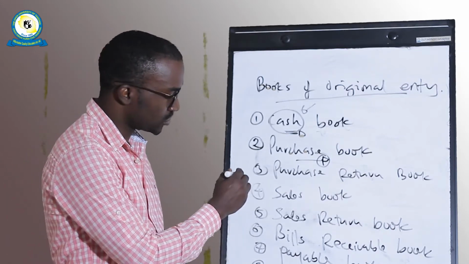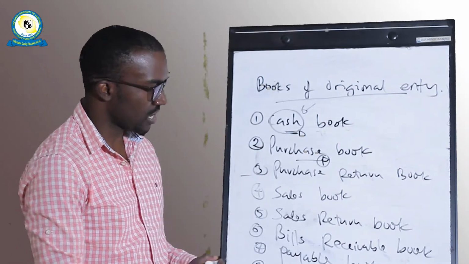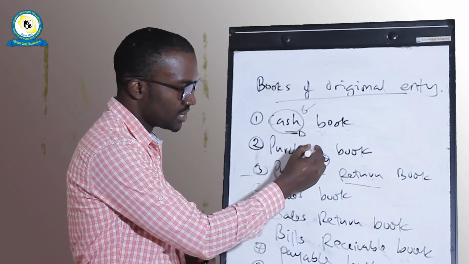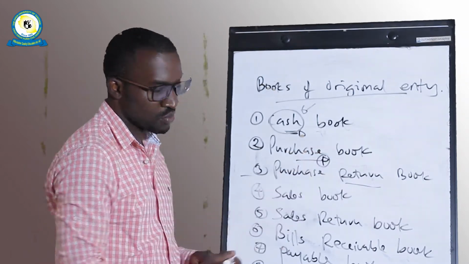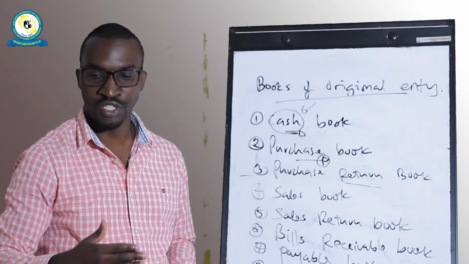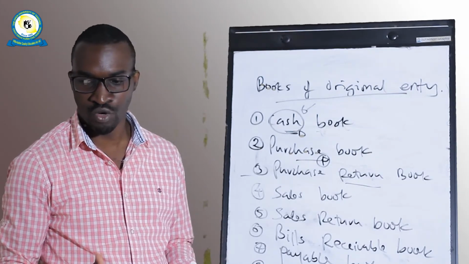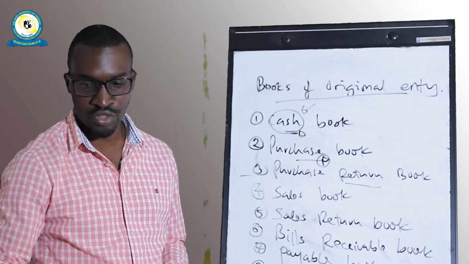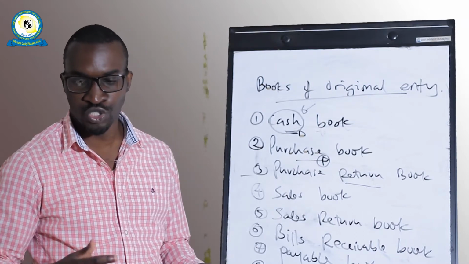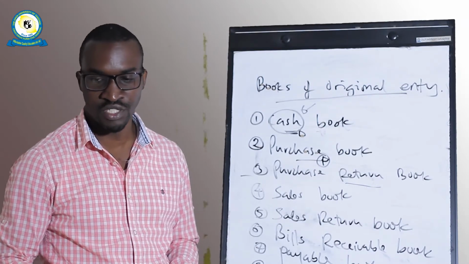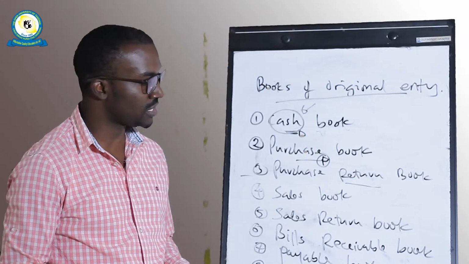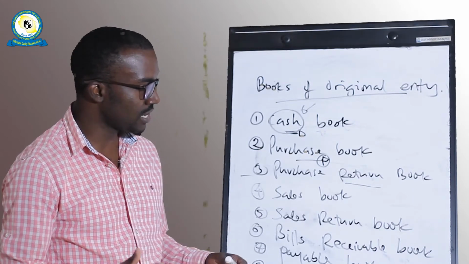And then purchase return. There's a name here, return, but again, it correlates with the purchase book. Since you've purchased, there can be a return. So this is a book whereby you record all the returns of credit purchases of goods undertaken by a company.